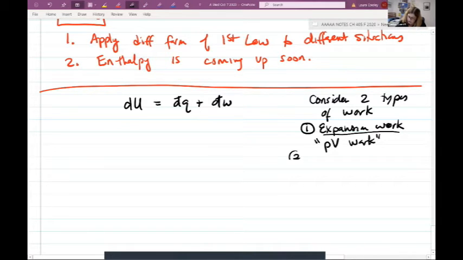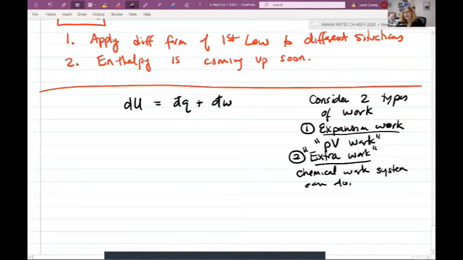But there's another kind of work, which inconveniently also begins with an E, and it's called extra work. We'll talk about it later in the semester. Extra work is like the chemical work that a system can do.